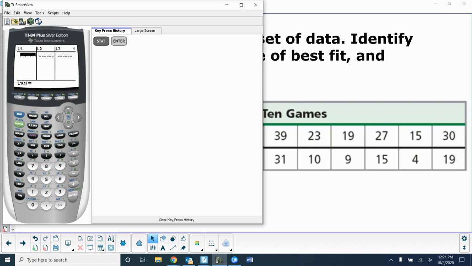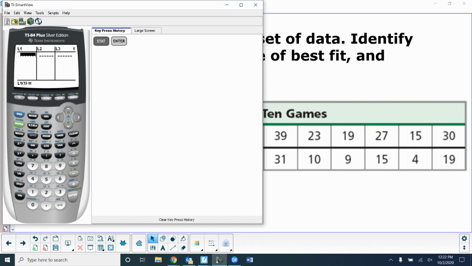We're going to put in the top row. Some of you have numbers in there already? All right, hit the up arrow key so the list name is highlighted, then hit clear and then enter.